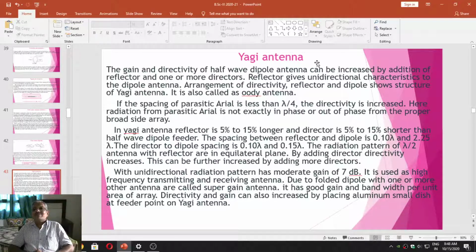That means the combination of folded dipole along with one reflector and many directors, depending upon the distance of the transmission center for reception purpose, the number of directors is increased or decreased.